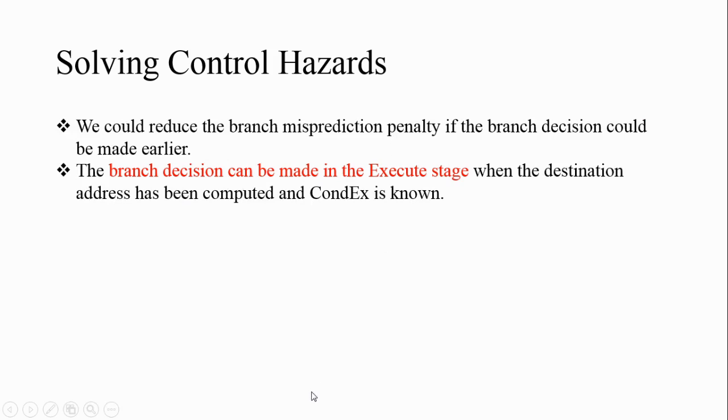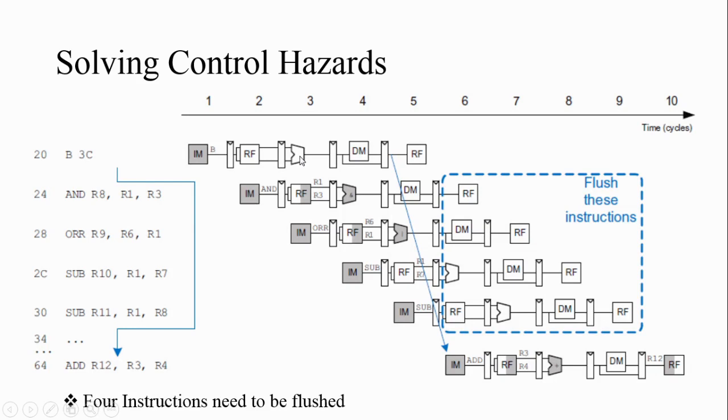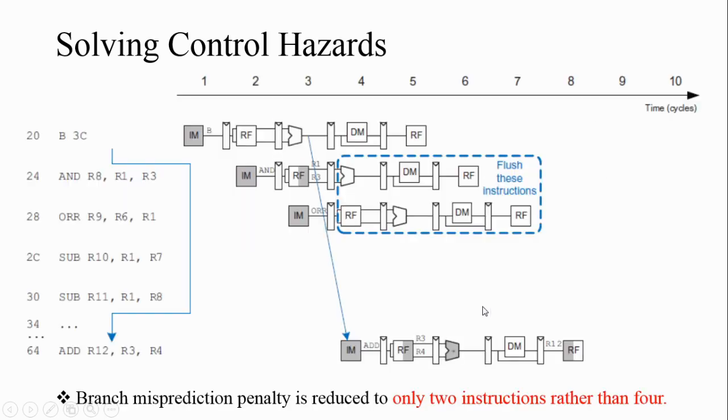So how can you reduce this? This misprediction penalty can be reduced by predicting the branch just after the execute stage itself. So if you are able to predict the branch just after the execute stage, your number of flushes can be reduced, right? You can see here, you are able to get the branch address in the execute stage.